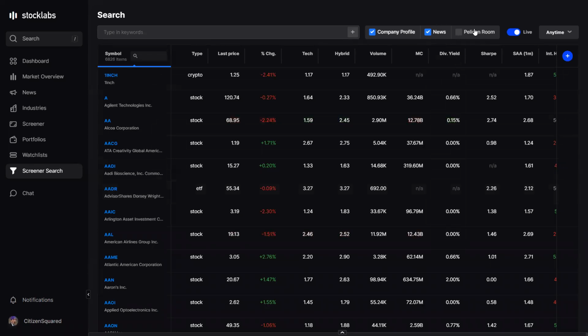So I don't want any results that are going to come out of mentions in there for now. And I'm going to actually take off company profiles too, so I can search through the general news for stocks that are related to particular keywords.